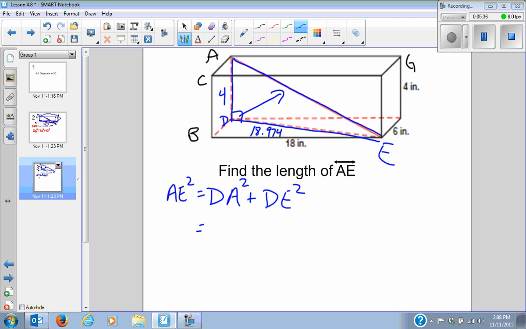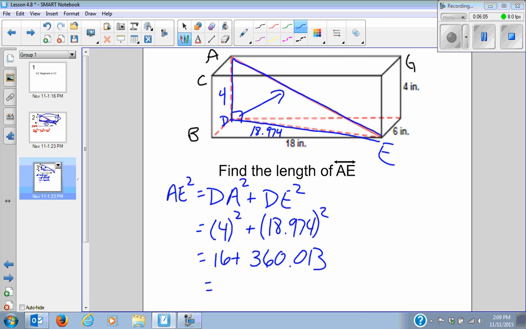And we found that DA is 4 squared plus 18.974 squared. When I square those, I get 16 plus, when you pop that in your calculator, you get 360.013. Add those together, and you get 376.013. Now, that is what the AE squared equals.